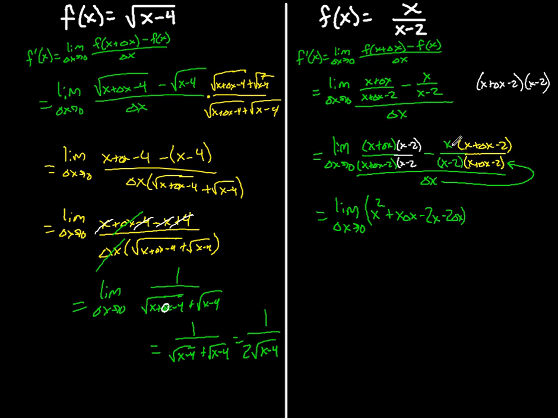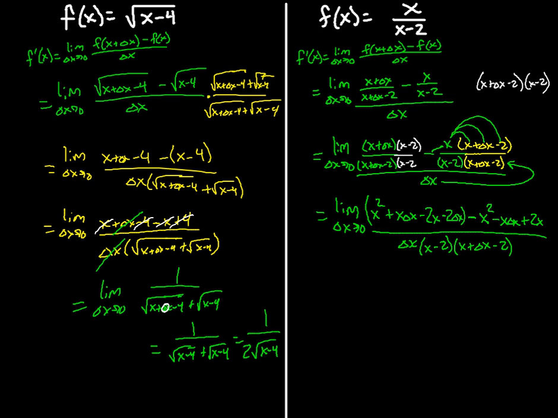In this one here, when I factor through that negative x, I'll have a minus x squared, a minus x delta x, and a plus 2x when I distribute this through and distribute that negative with it. And then my denominator is going to have a delta x from the bottom, and I'm going to have these other two factors, the x minus 2 and the x plus delta x minus 2.